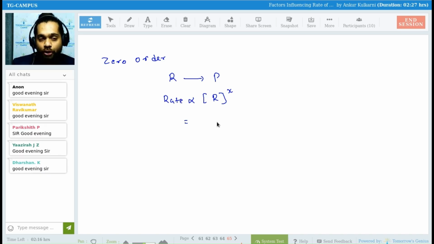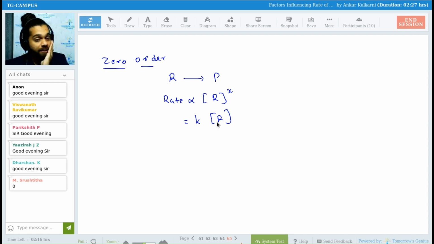I'll get the rate constant K, times R to the power X. Now, what should be the value of X over here since it is a zero order? Yes, what should be the X?